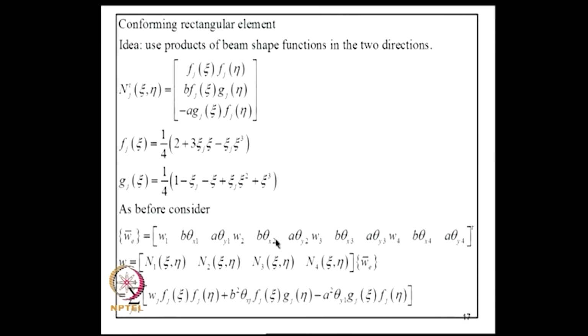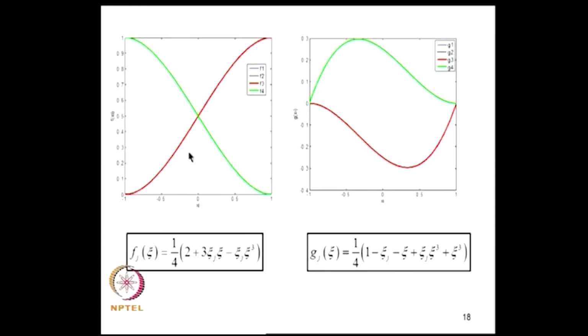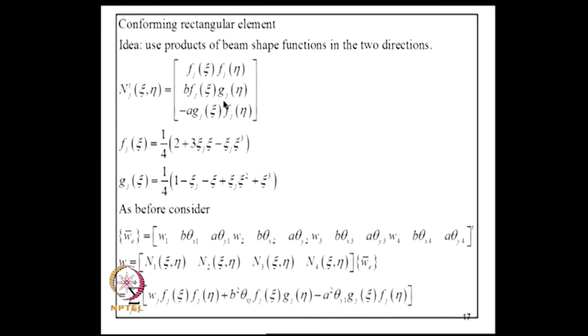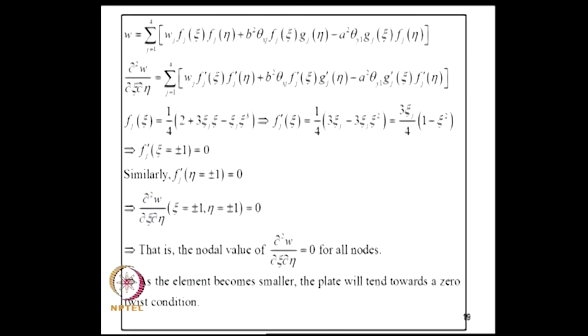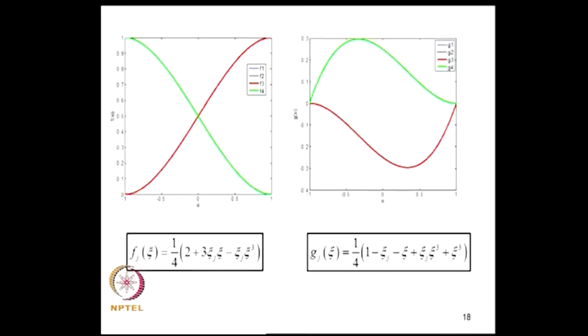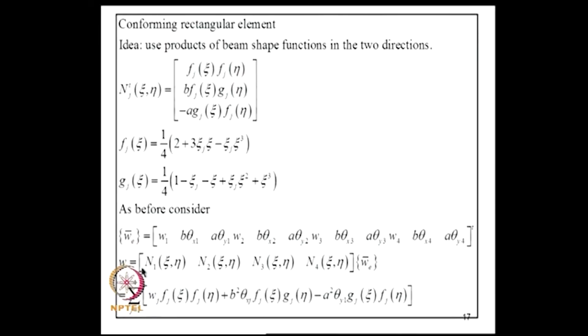Suppose we proceed with this and use these shape functions. I have shown what these f and g functions are. You can see here, these are the 4 functions. These are the cubic polynomials that were used in formulating the beam element. Now, if we substitute this, the field variable is represented in terms of nodal values as shown here.